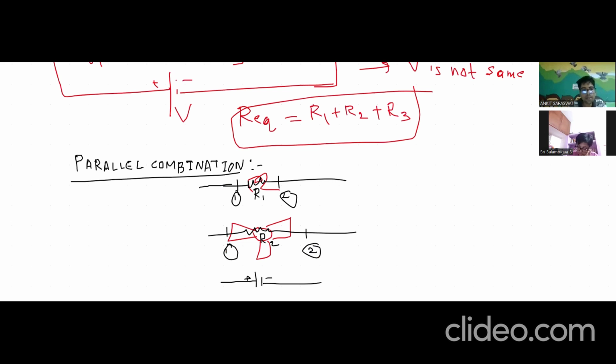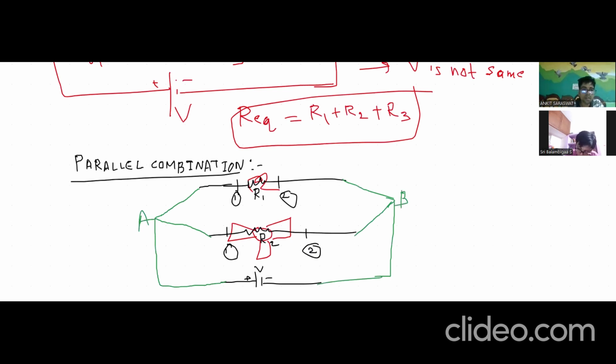What is happening in our parallel combination? Both ends numbered 1 are connected with the same point, and the ends numbered 2 are connected with the same point. 2 is connected with 2. And here is our cell. Understood? This is A and B.